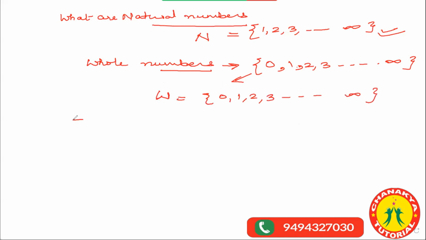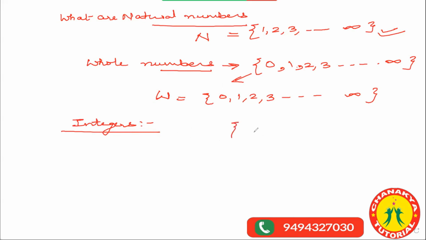Clear? And what about integers? Like -1, -4, 0. Will it include only negative numbers or positive? Negative, positive. Yes, good. It will include all negative and all positive numbers and also 0.